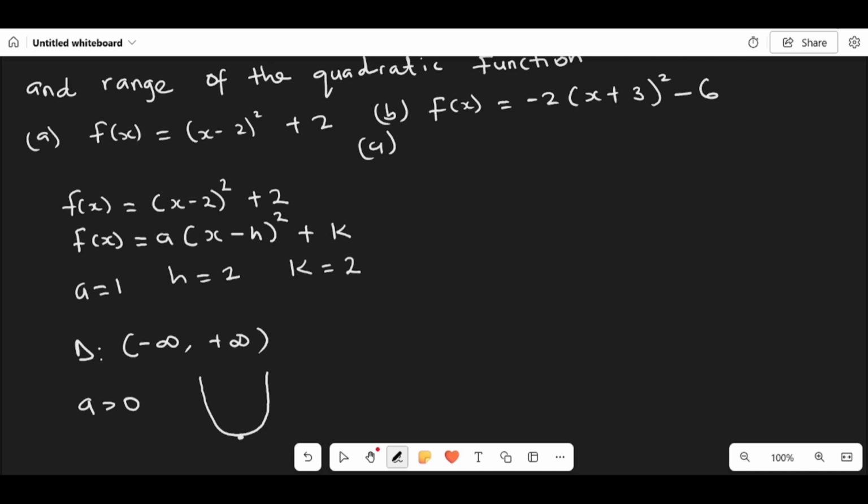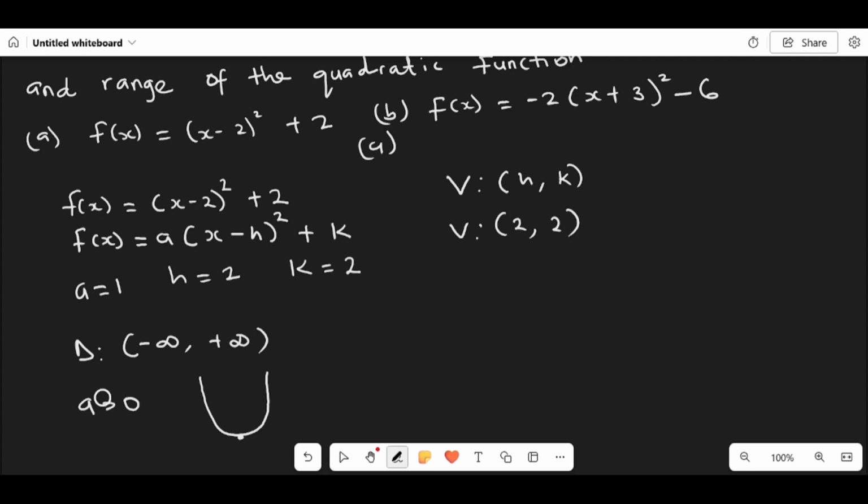So we need to determine the vertex point of this quadratic function, and our vertex point is normally written as (h, k), and our h is 2 and our k is 2. So our vertex is (2, 2).